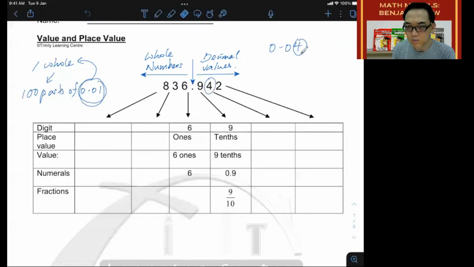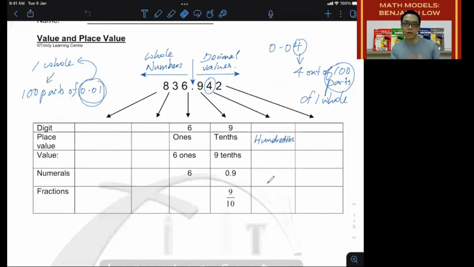So this 4 is 4 out of 100 parts of one whole. And since it is out of 100 parts, we call the word here hundredths. It is like 100 with a THS.